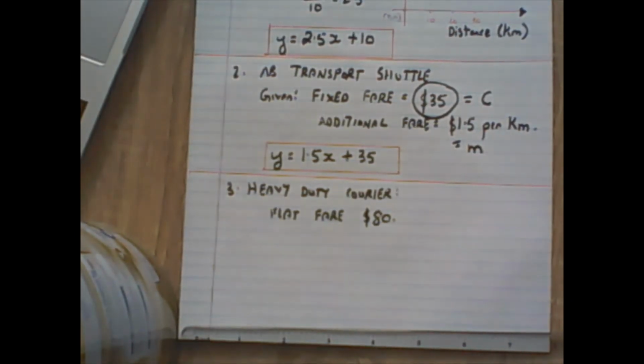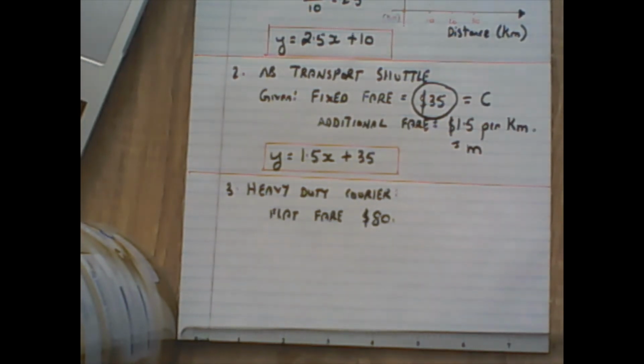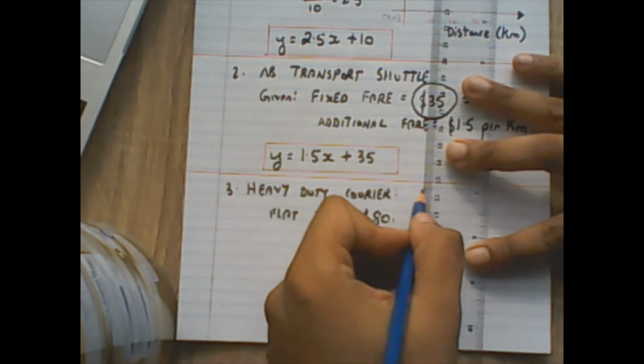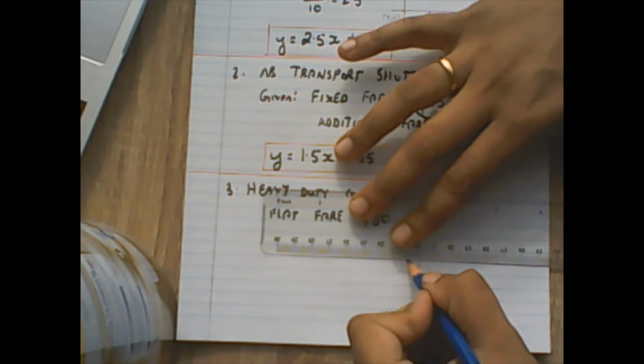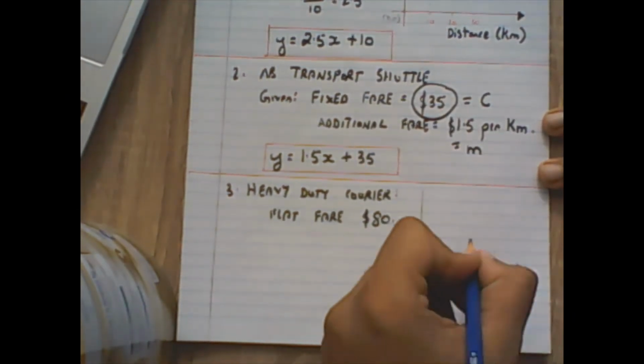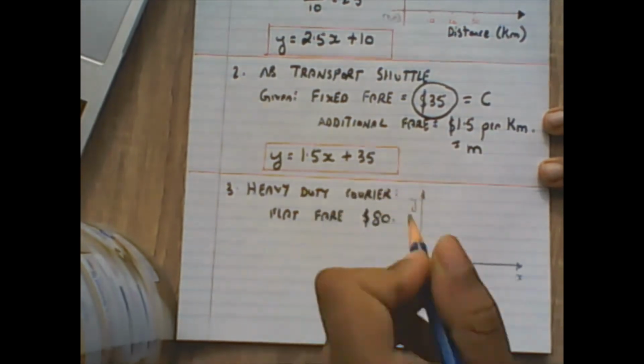All right, so let's take a look at the third option. There's this company called Heavy Duty Courier, which has a flat fare of $80 throughout Auckland. This is very simple. What that means is if I have a line, let me first quickly draw my axis. This is going to be my x, and this is going to be my y.